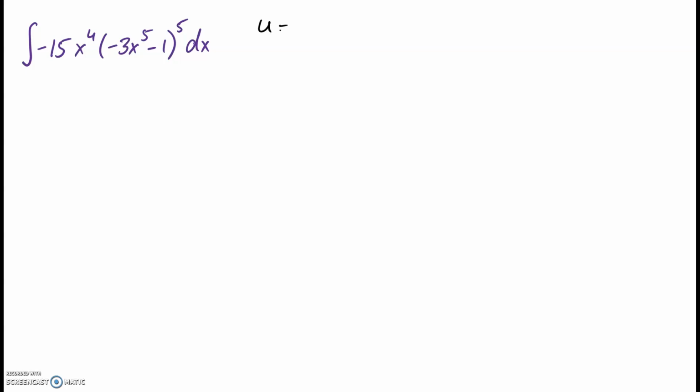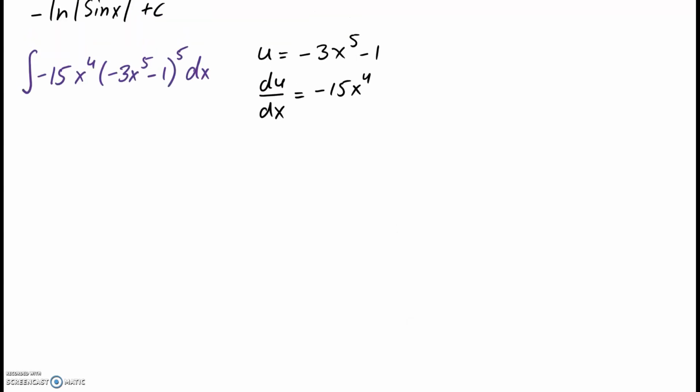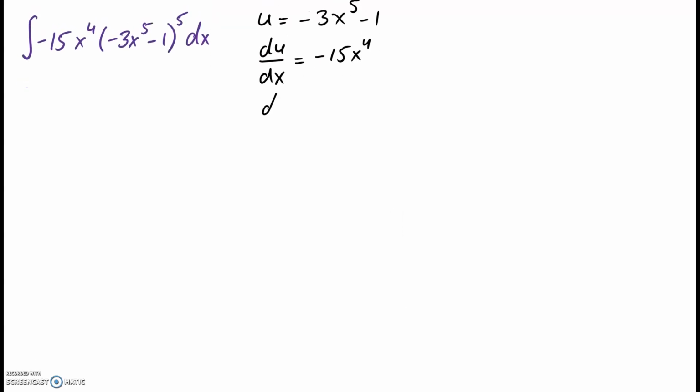So u equals negative 3x to the power of 5 minus 1. Let's take the derivative of this one. So du over dx equals negative 15x to the power of 4, and the derivative of 1 is 0. Let's rearrange this expression, and it's going to be du equals negative 15x to the power of 4 times dx.